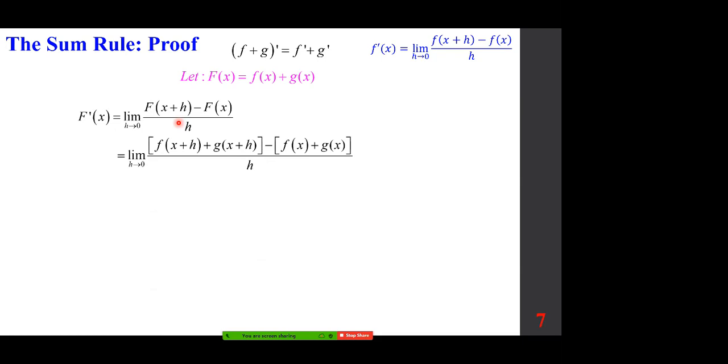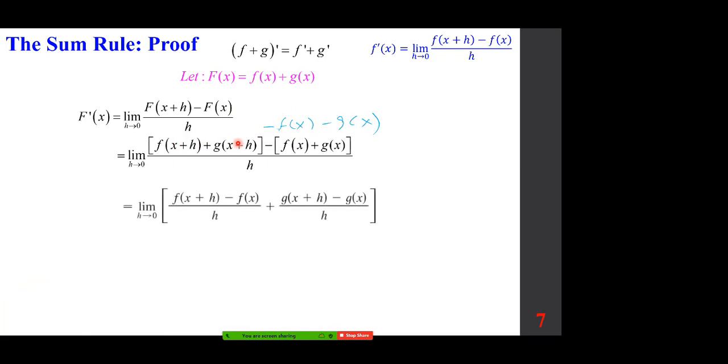All we have to do is reroute things. How? This is minus f of x, and this is minus g of x. So we are going to put minus f of x next to this, and minus g of x next to this. Take a look, we just rewrite it as such.